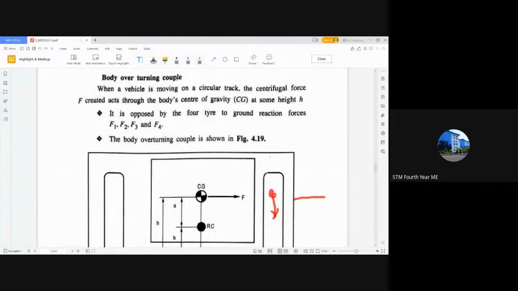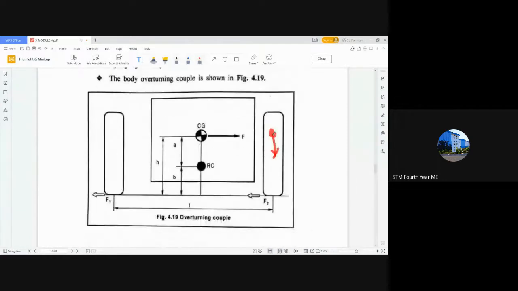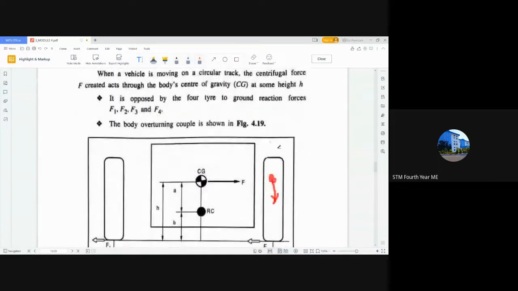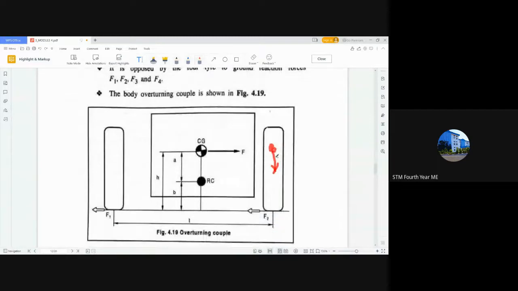The weight is shifted completely towards the outer wheels, and when it shifts, the moment generated will be equal to W into T. The moment will be through this axis, and it will take the complete track, so that this wheel lifts up and this goes downwards. This is how the rotation takes place, and there will be a circular motion.